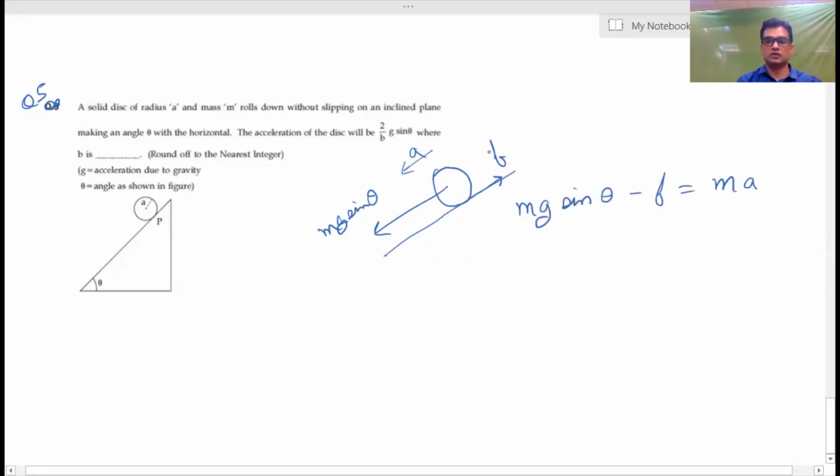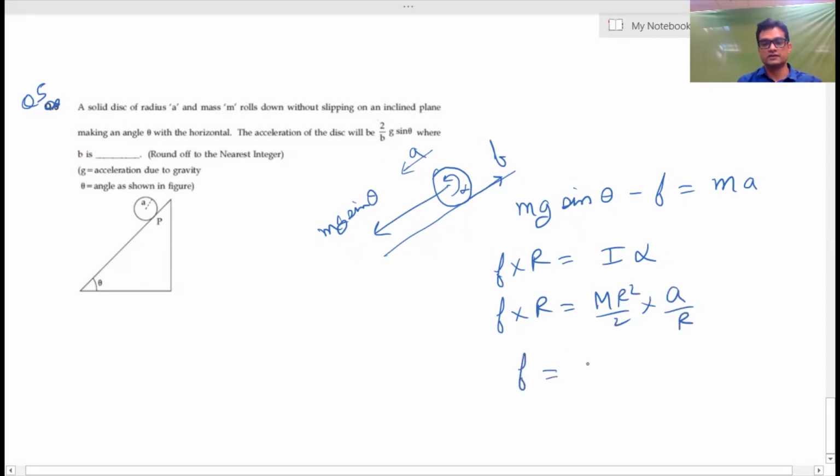And also for the equation of torque, I am writing the equation of torque about this center, and this I'll take as alpha, angular acceleration. So it will be f into r is equal to I alpha. So f into r, I will be mr square by 2 into alpha will be a by r. So from this I'm getting friction f is equal to ma by 2.